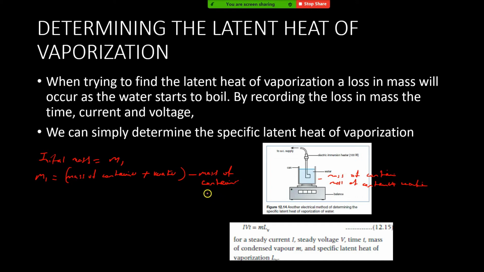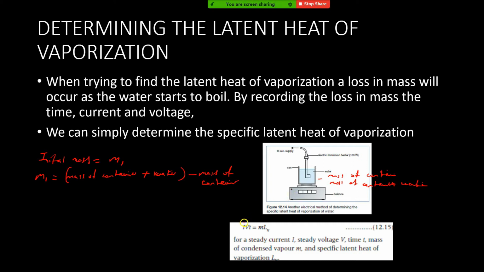And obviously, you're going to start the experiment. It's an electrical method that we're using. So the energy is going to equal IV times the time, right? The very moment you turn on the heater, you're going to start your timer at the same time. You're going to measure the voltage, measure the current, right?